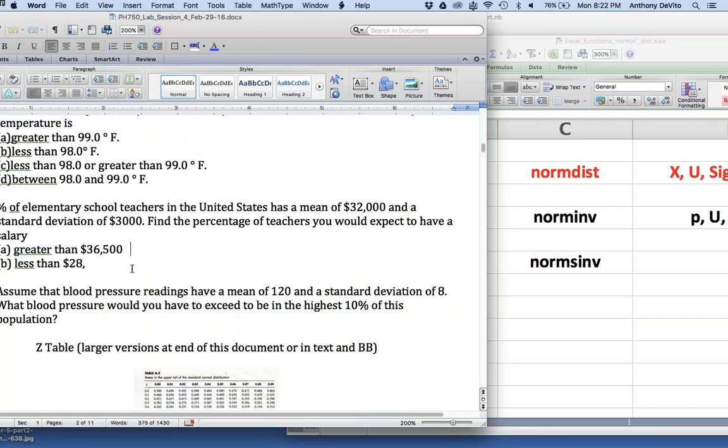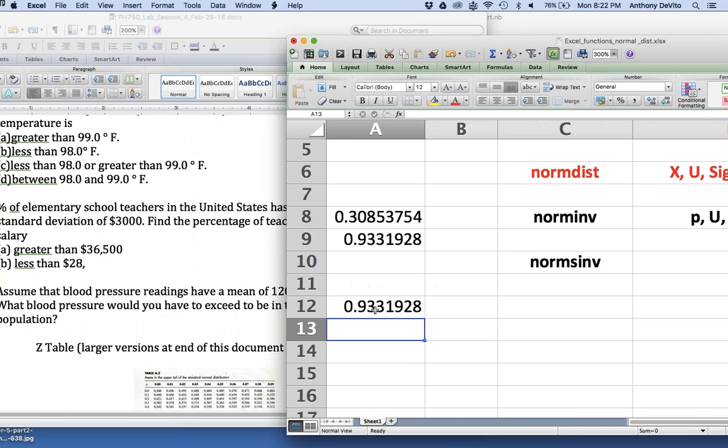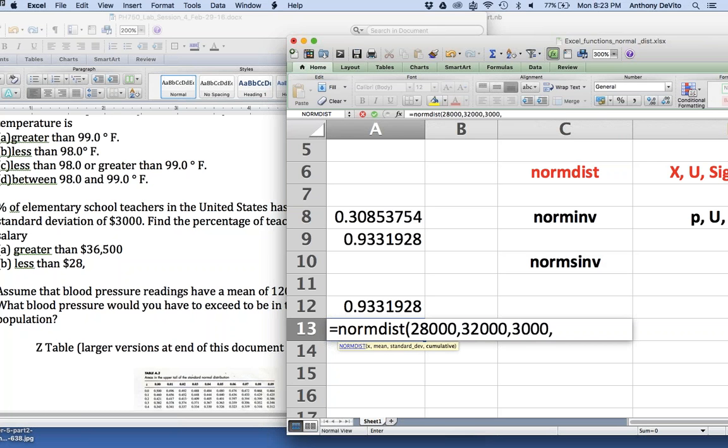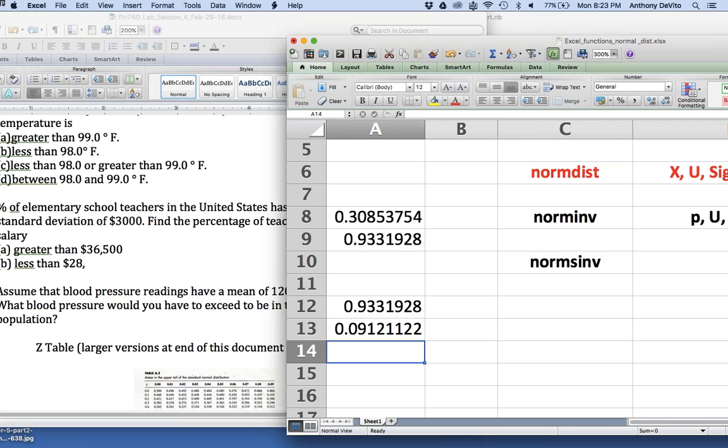Okay, less than 28,000 is going to be equal to NORM.DIST, parentheses, 28,000, the mean, 32,000, comma, 3,000, standard deviation, comma, true, close parentheses, and that's about 9%.